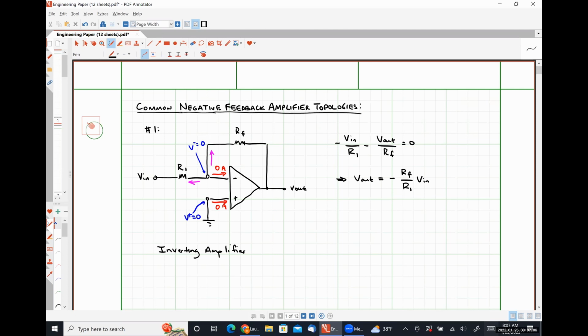So it inverts the polarity of the applied signal. It also applies some voltage gain. So our voltage gain, AV, will be by definition the ratio of the output voltage to the input voltage of our amplifier system. And in this case, that is simply negative RF over R1.